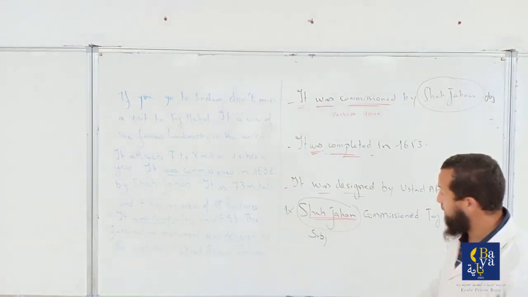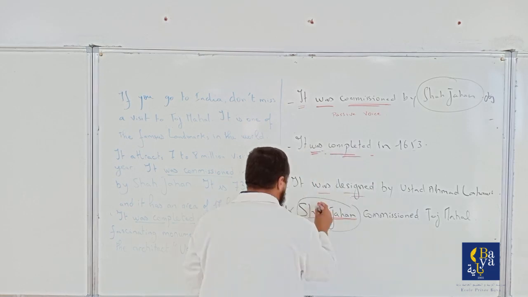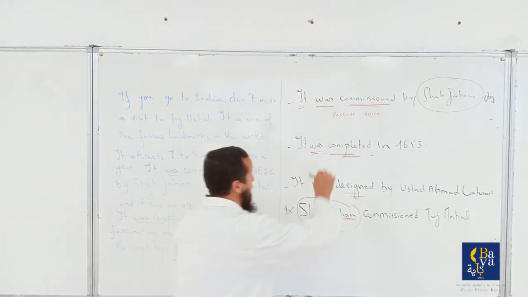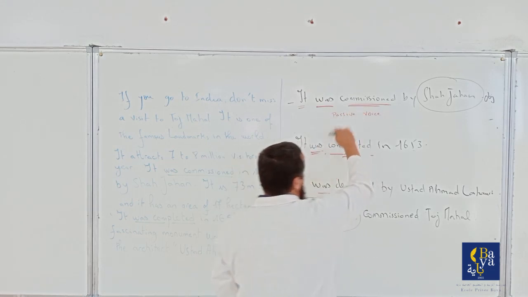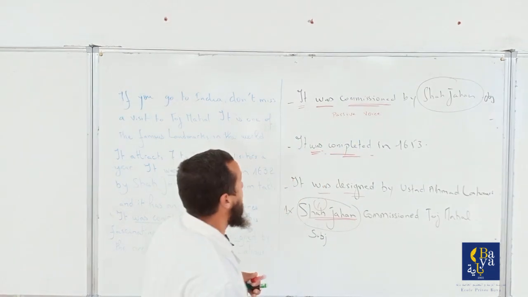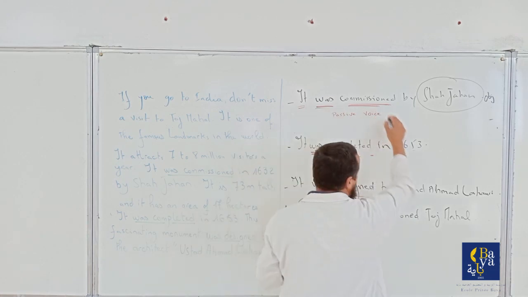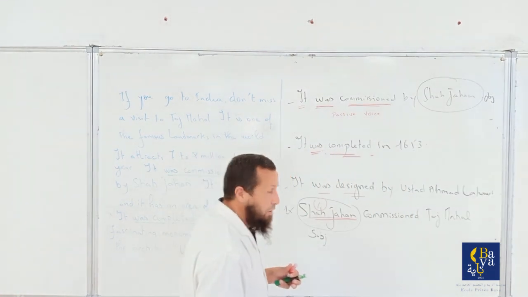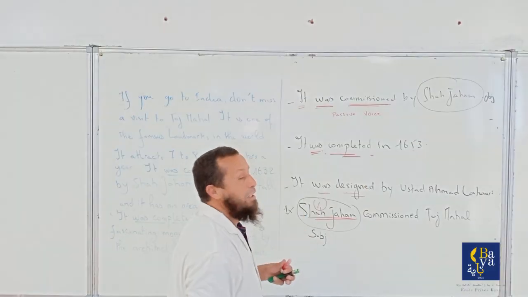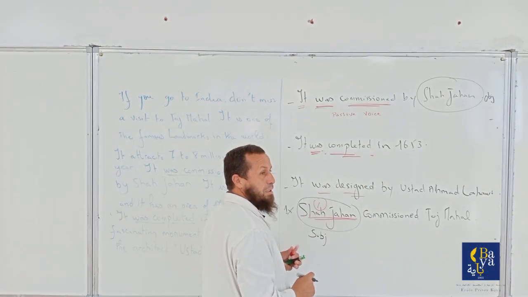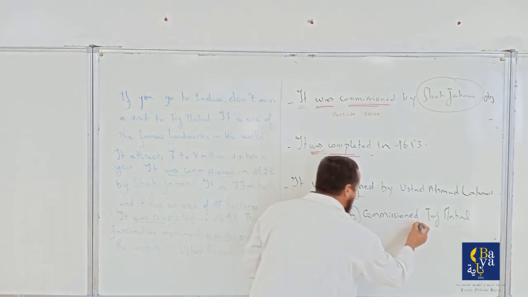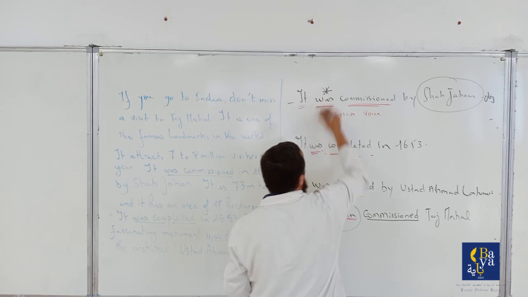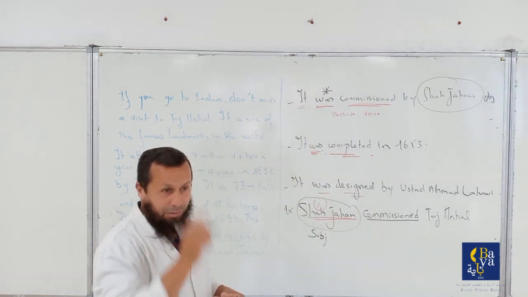This is number one, the first change. The second one: in the passive form, we have two verbs, verb to be plus the past participle of the verb. But in the active voice, we have only one verb. So we omit this one.